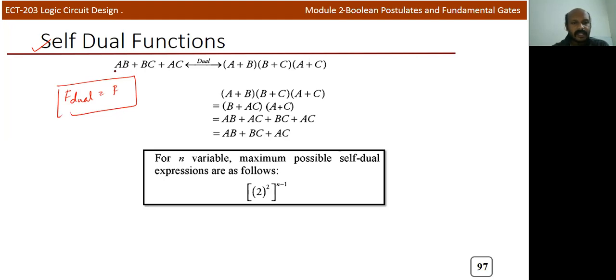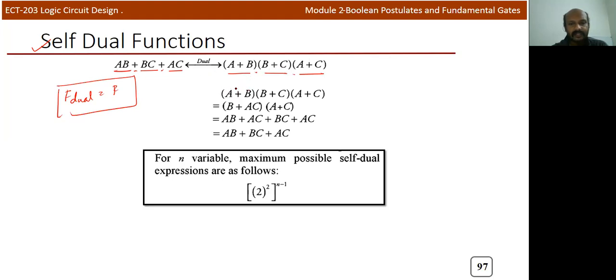It is AB plus BC plus AC. And if you find the dual of this function, this AND operation becomes OR, this OR operation becomes AND, here again this AND operation becomes OR, this OR becomes AND, AND becomes OR. We got the dual. And now we can simplify this expression.